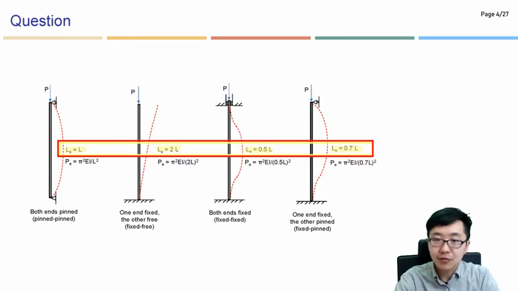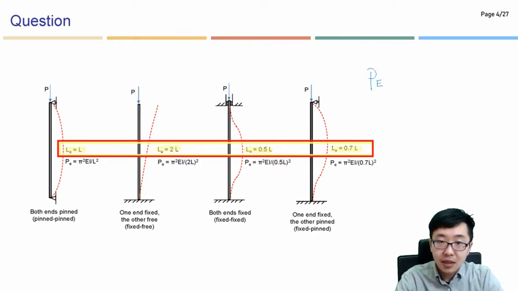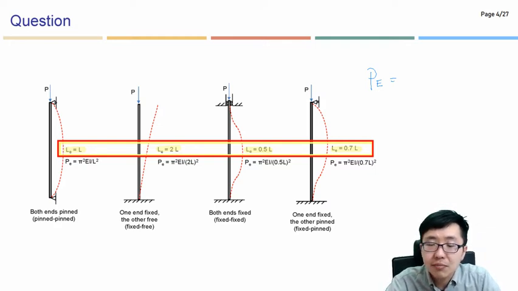And basically what we have learned before is proposed by Euler, the elastic buckling force, which can be calculated by pi squared EI over length squared.